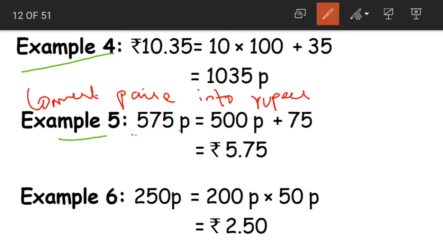See, in the questions what do we have? We have 575 paise and 250 paise. Yes, so these paise are to be now converted into rupees. 575 paise. Now how to do this is, if you remember about paise, 1 rupee is equal to 100 paise, and after the point 2 places are reserved for paise, 2 digits.